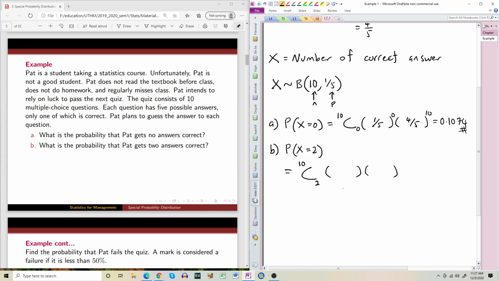How many questions are correct? 2, isn't it? So 1/5 with 2 here, 4/5 with 8 here. Remember, if you add 2 plus 8, you get back 10. If you do this, your answer should be 0.3020.